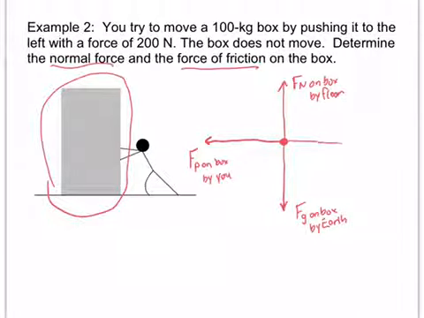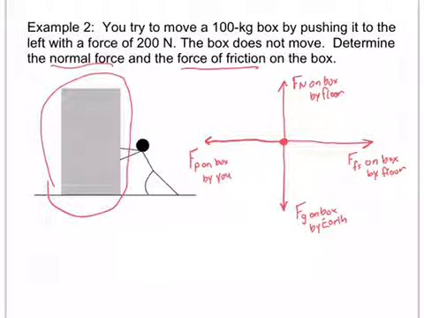So here, that will most likely be the force of static friction. So we've got the force of static friction on the box, also by the floor. Okay, remember, static friction is going to oppose the intended motion. So if you push to the left, friction is going to oppose that, so friction will point to the right.